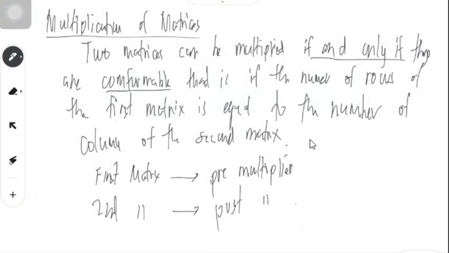The number of rows of the first matrix must be equal to... for a while, dapat maging M by N. The number of columns of the first matrix must be equal. Alright.